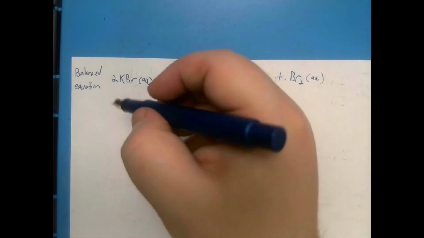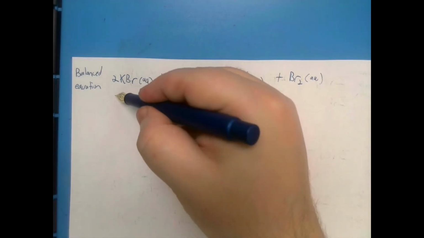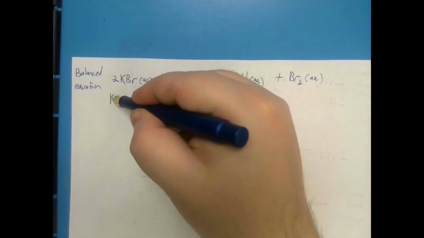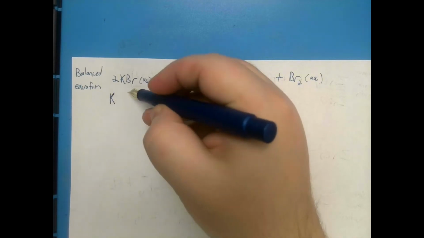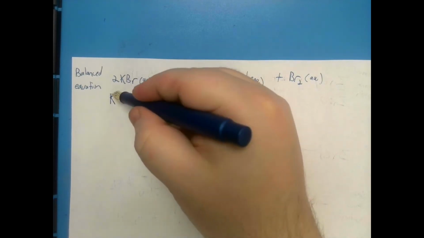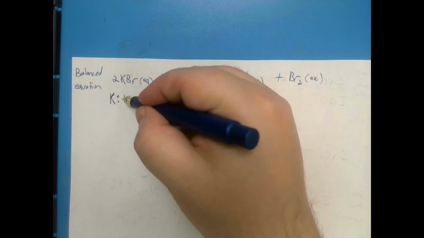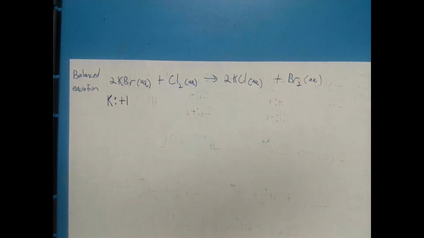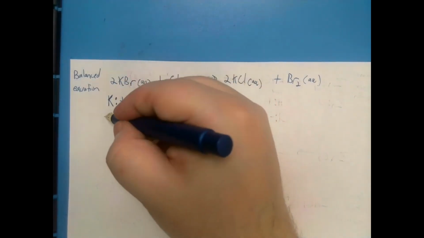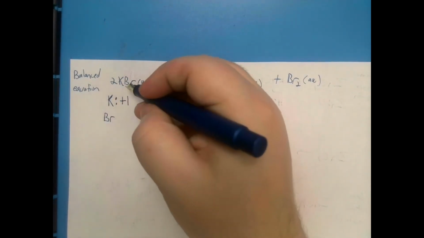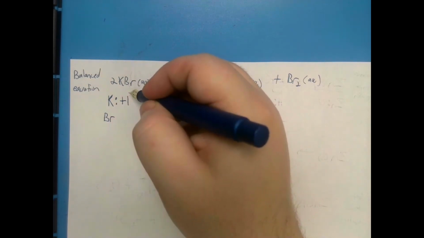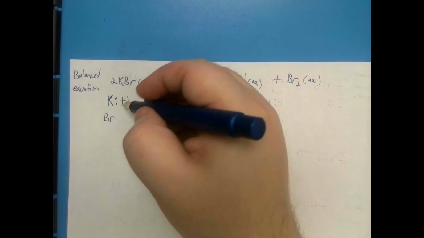So, potassium. What group number is it in? Group 1 always has +1 oxidation numbers. Bromine is the most electronegative element in this compound.